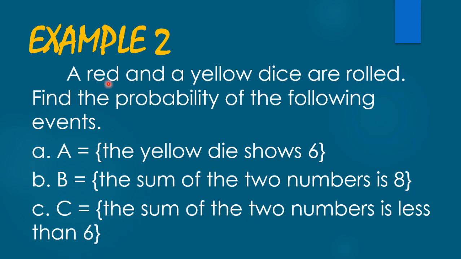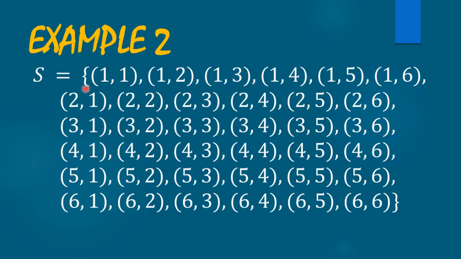So we have a red and a yellow die. For instance, the sample space is this. Let us say the first number here will be the result of rolling a red die. And then the next number will be the result of rolling a yellow die.